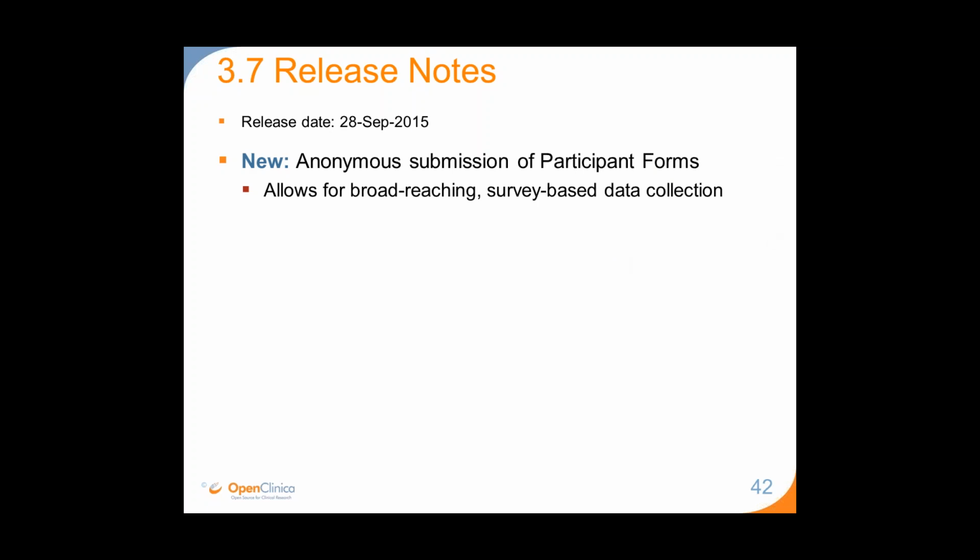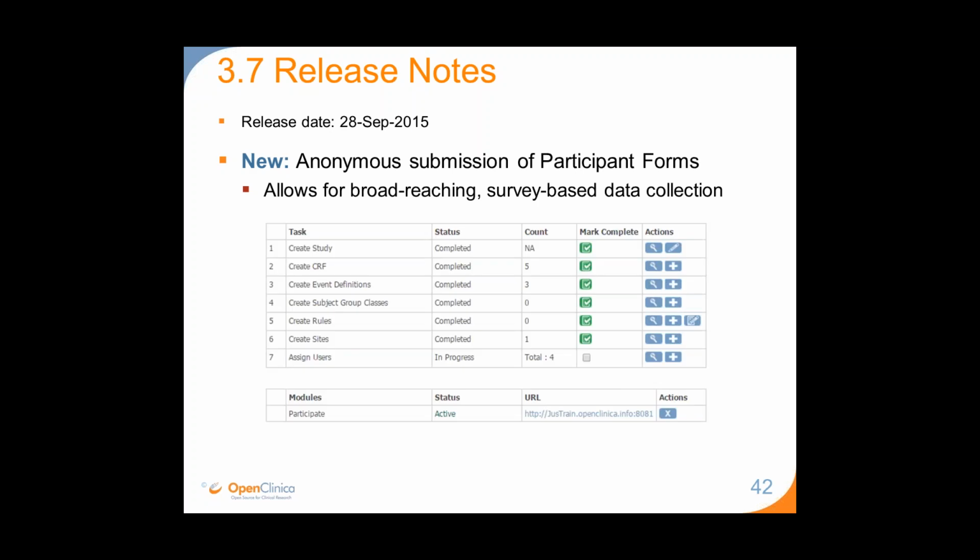If there's diabetes in your family, please go to this link and complete our survey. So it's not for specific clinical trials, it's more for let me do a survey and find out whether we need to do some research on this.